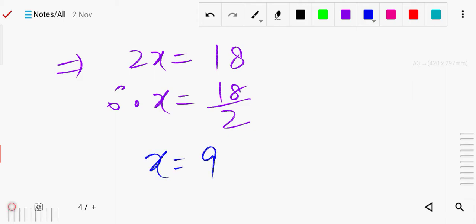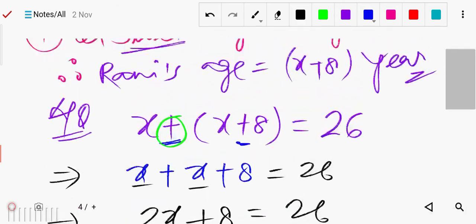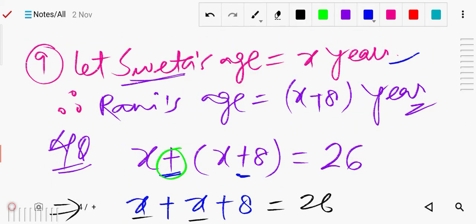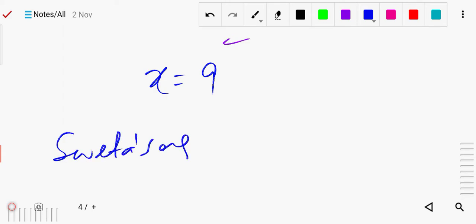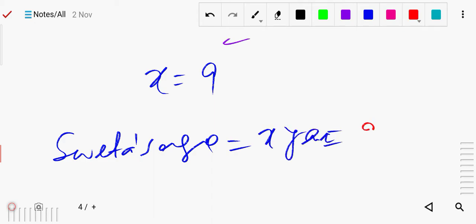So what is the x? Now you can see, what is Sweta's age? We assumed x years. So what is the value of x? It is 9 years. So her age was 9 years.